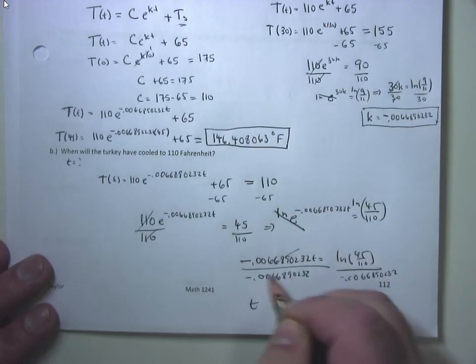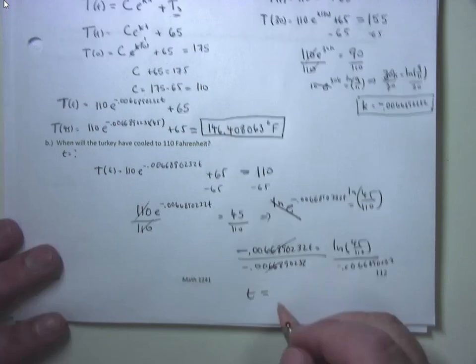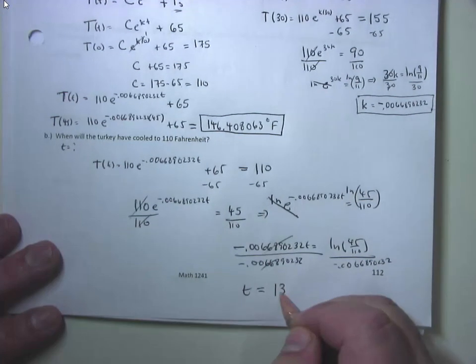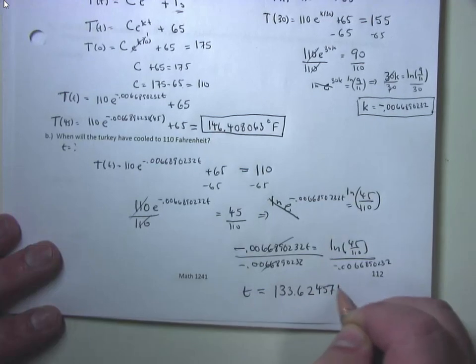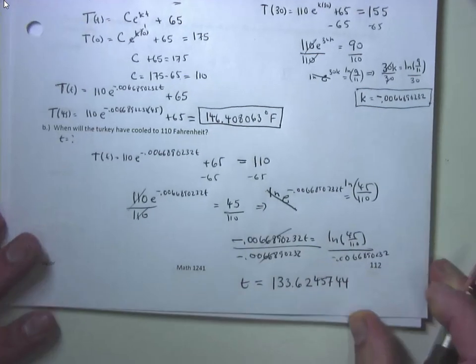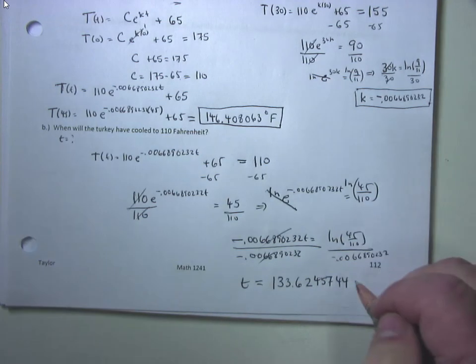And I end up getting t to be equal to natural log of 45 divided by 110 divided by negative 0.0066890232, and I end up getting, double check me on this, 133.62457444. Time is measured in minutes because you picked it. So this is time, so this will be in minutes.